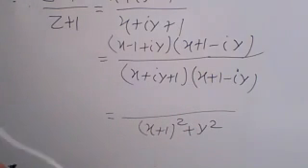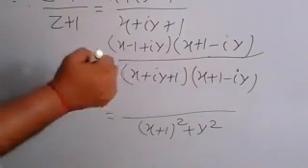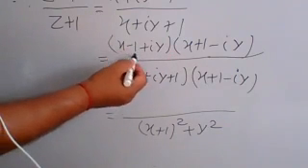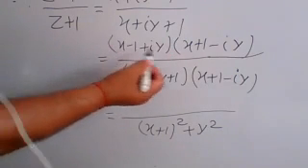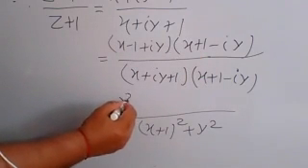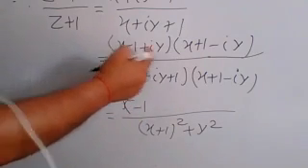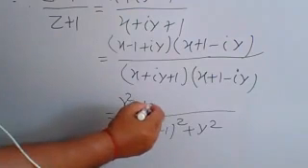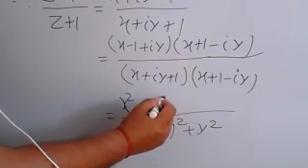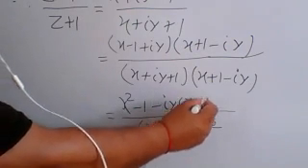Here you are multiplying: if you multiply x minus 1 with x plus 1, you have x square minus 1, and this x minus 1 is to be multiplied here, so you have minus i times y into x minus 1.